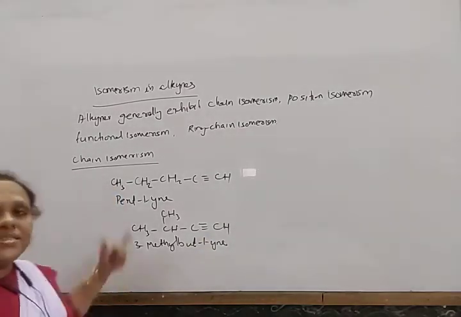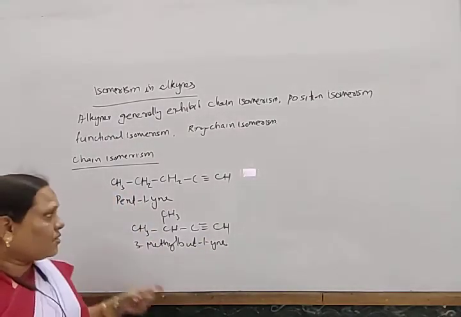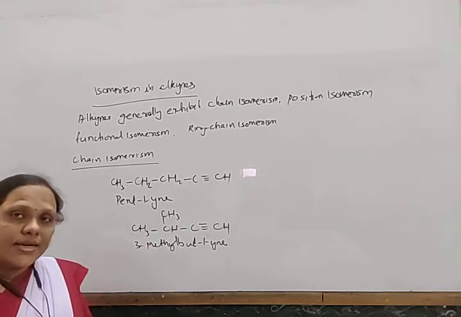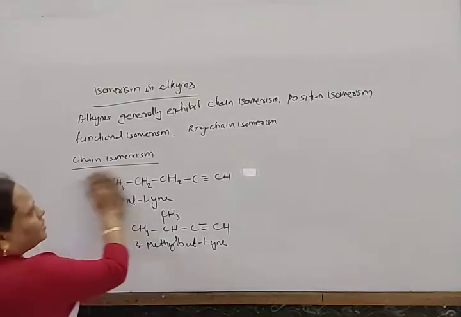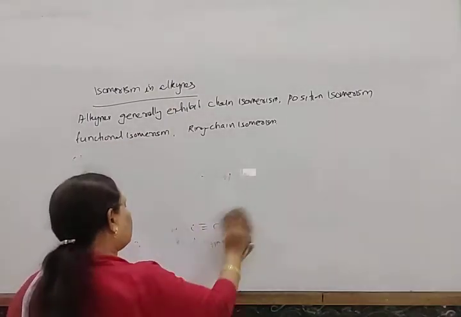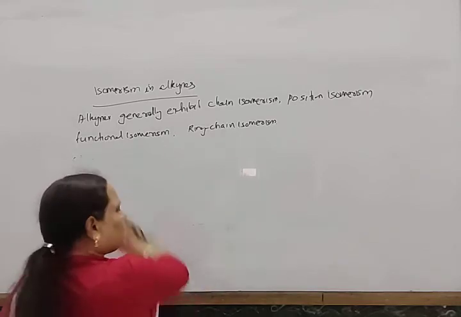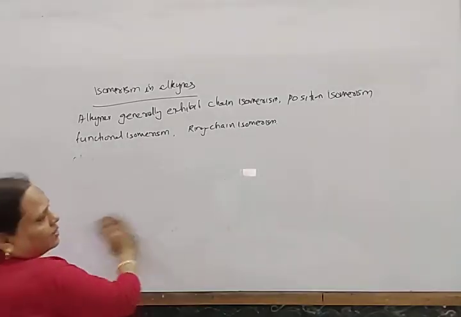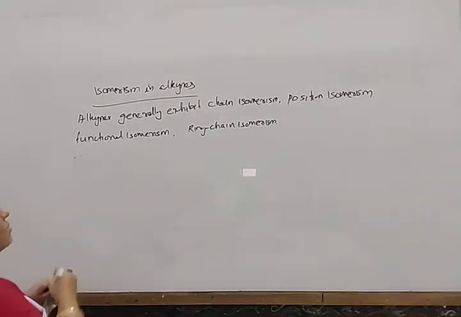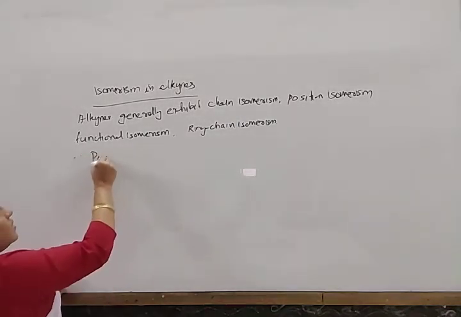So these two are chain isomers of each other: pent-1-yne and 3-methylbut-1-yne. Next, position isomerism. For position isomerism, the alkyne should have a minimum of 4 carbon atoms.